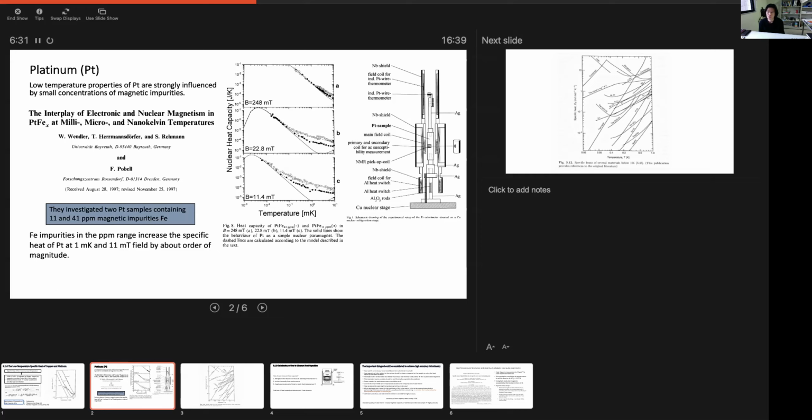Basically, the temperature corresponds to delta E, which is the gap between the lowest state and the highest state. And if you apply a field, this delta will increase, right? Because of Zeeman splitting. That's why the temperature is shifting.